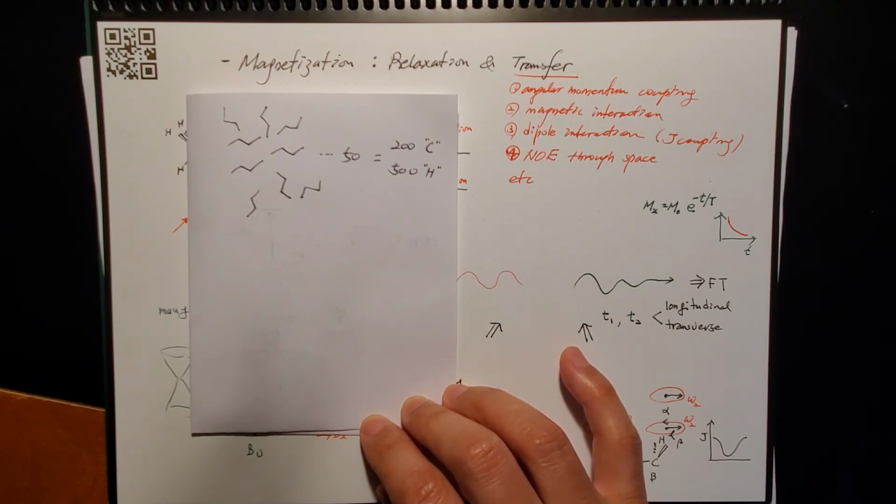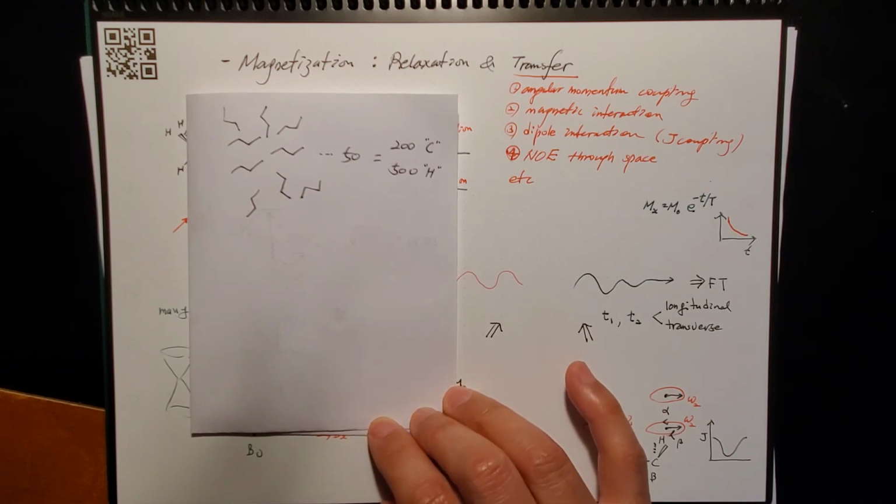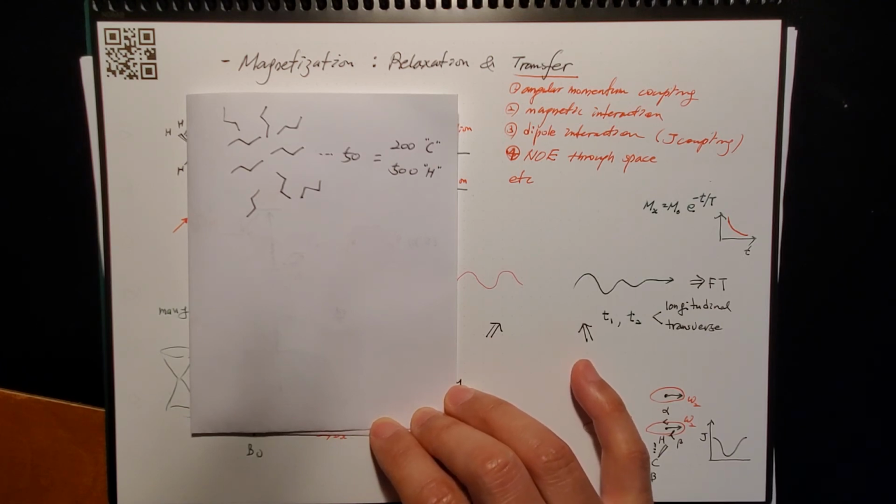And also the carbon-12, it is inactive because the atomic number and the weight number are both even numbers. Therefore, their subatomic particle spins cancel.